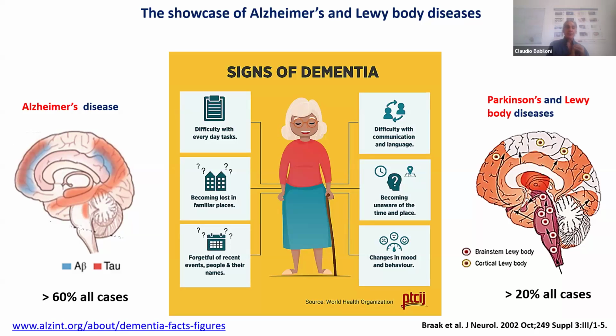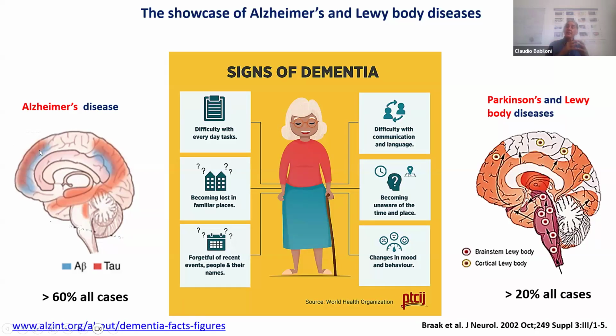And you see that there is an overlap with the regions showing the accumulation of tau, and this interaction between amyloid beta 42 and tau seems to be the trigger of the neurodegeneration, the neural loss, synapse loss, and severe cognitive dysfunctions.